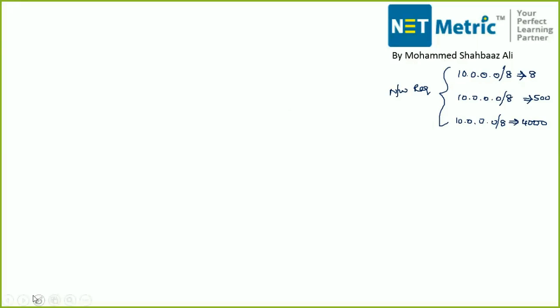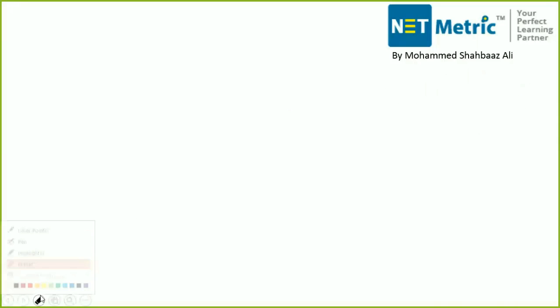Then next, let's move to the next method. So this was subnetting based on network requirements, where we have to identify in how many subnets we need to divide our network.